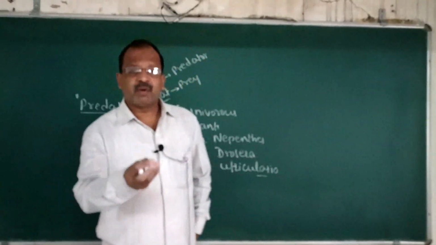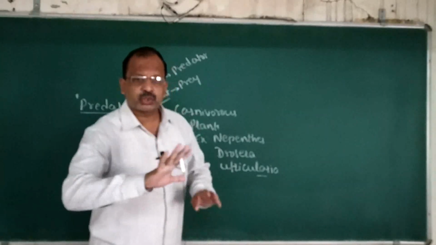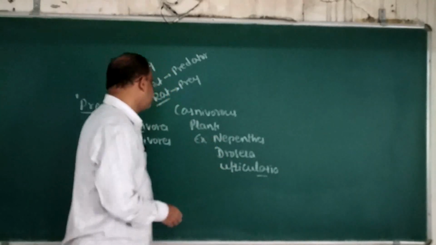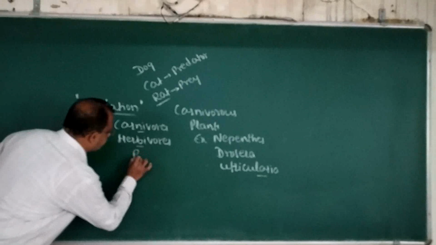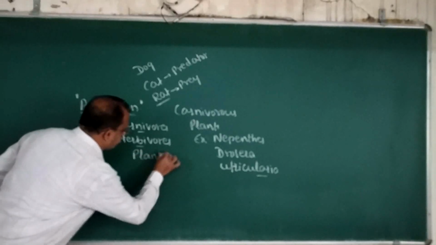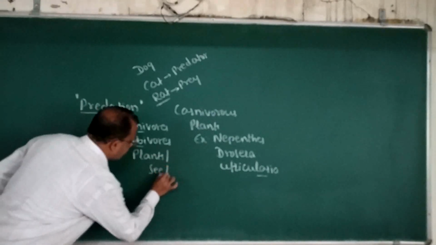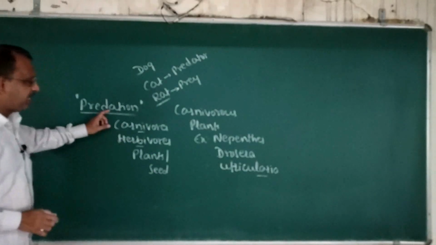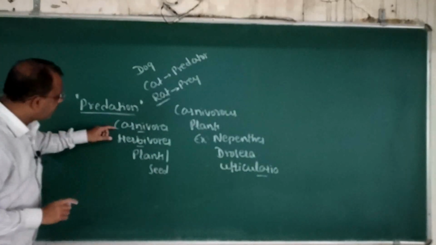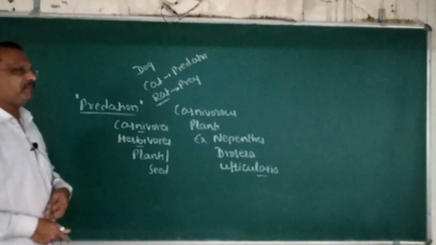There are some herbivores which will destroy the whole plant or seeds. They are also considered as predators. Predator may be carnivorous or herbivorous.